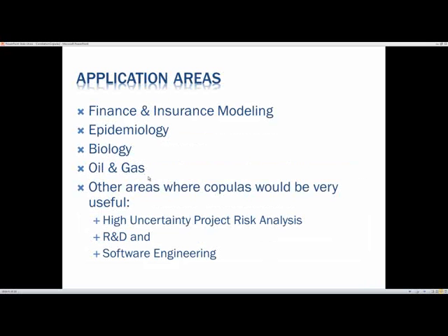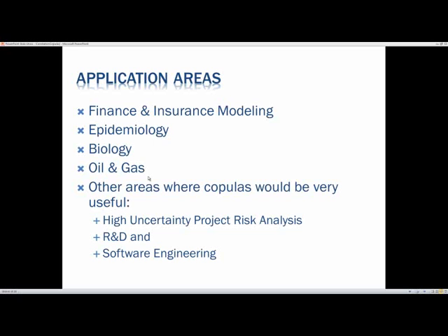There are different areas where copulas have done very well for themselves. Well, finance and insurance modeling. That has been at least what we hear of most. But if we look at some of the historical literature around copulas, a lot of it has to do with epidemiology and biology. More recently, we're seeing applications in oil and gas.